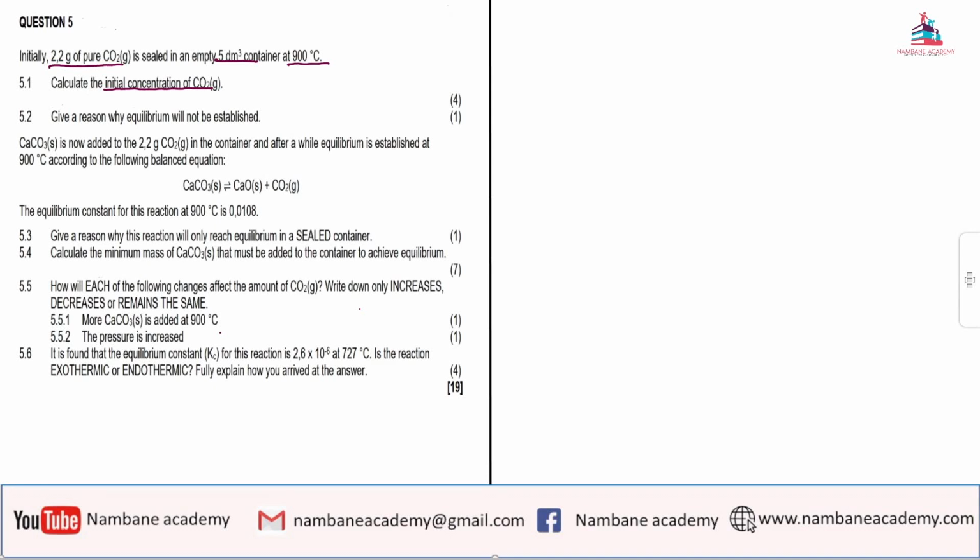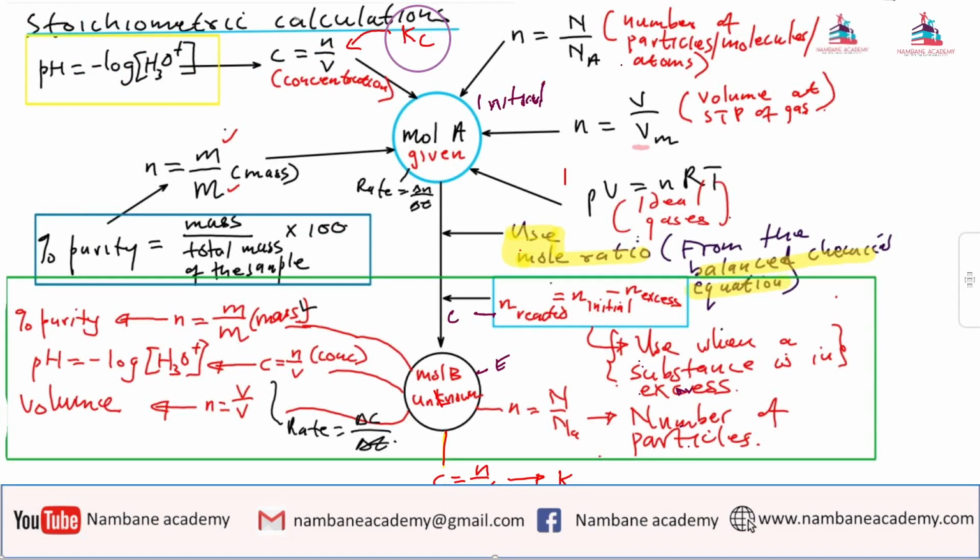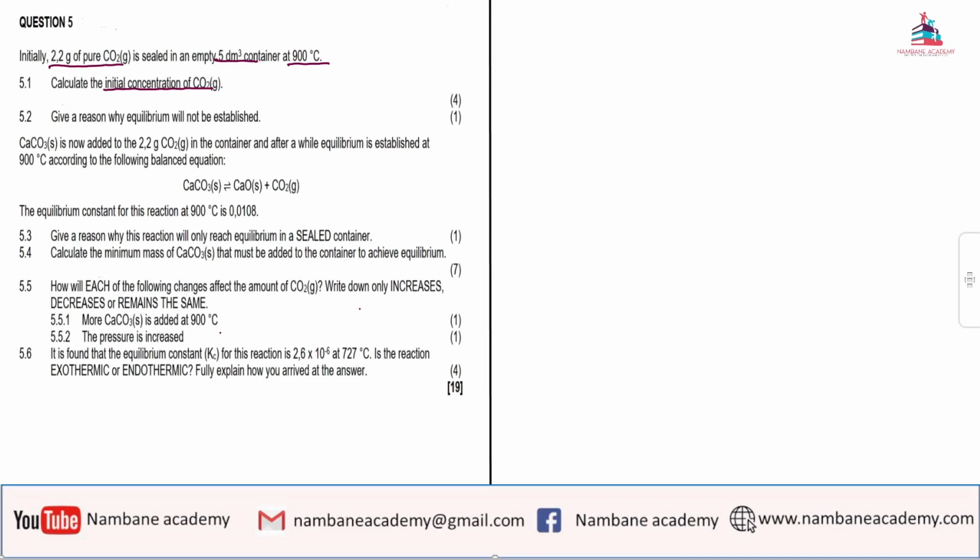Let me go back. The examiner wants me to calculate the concentration. The formula is given there as C equals n. So I am at 5.1. C equals n over V. But there's a problem now.